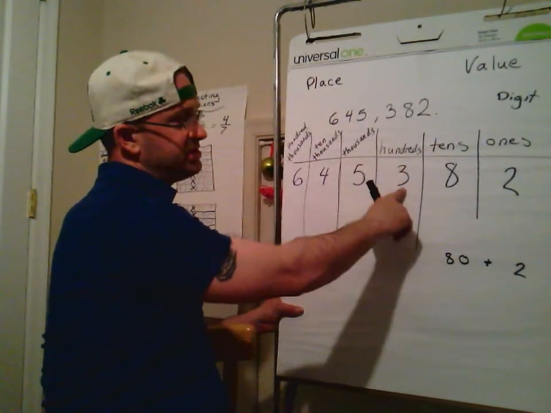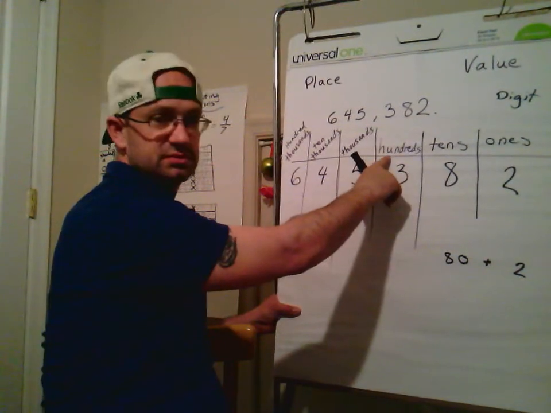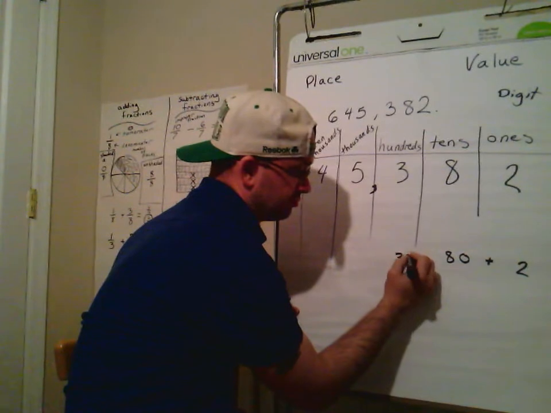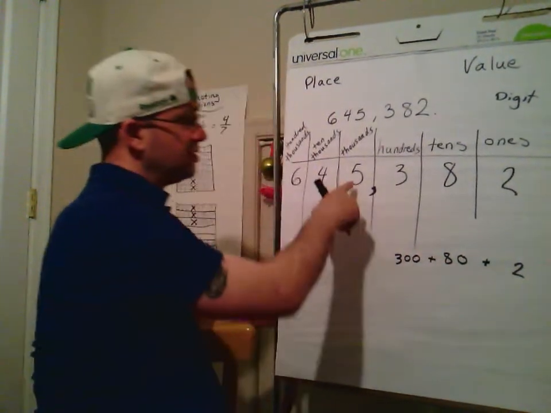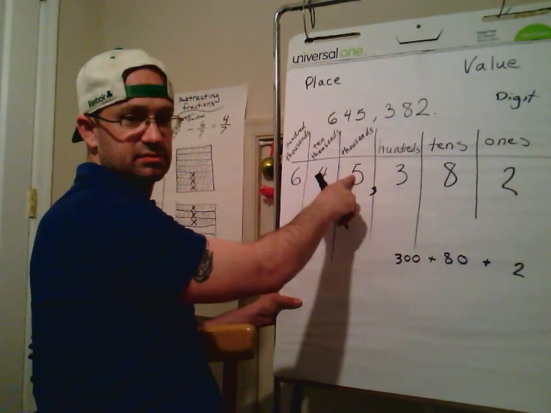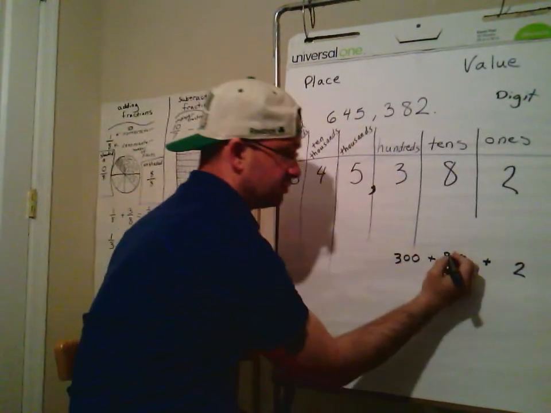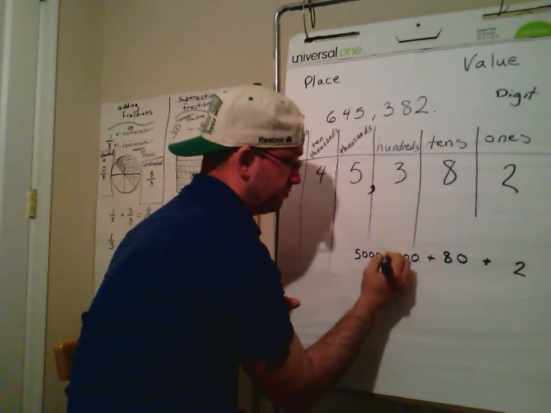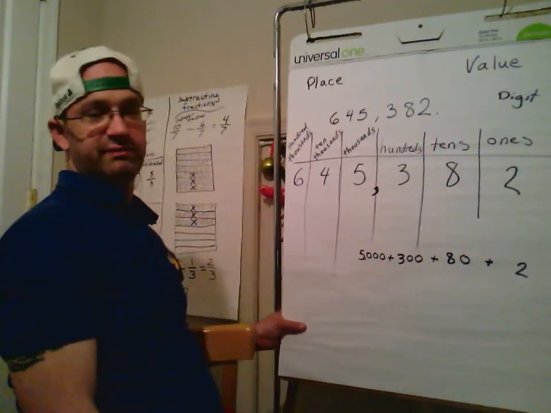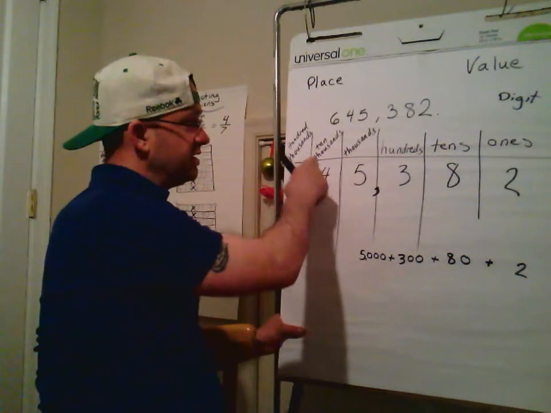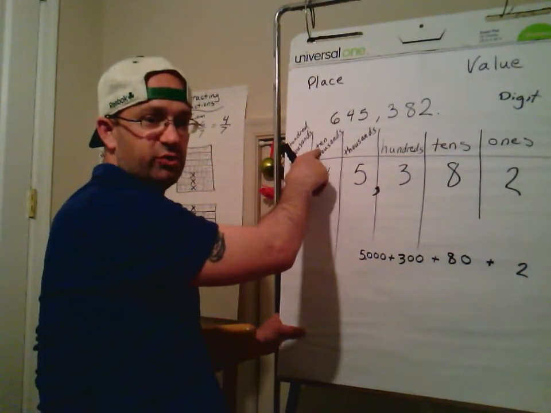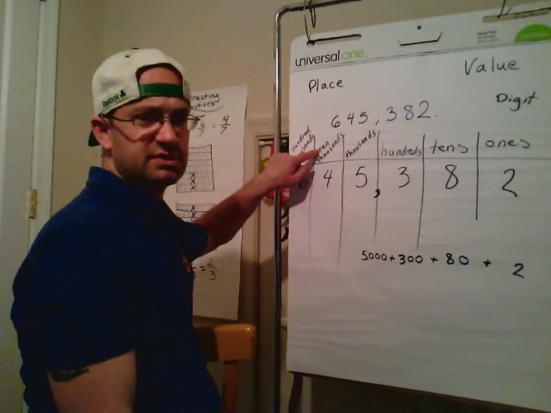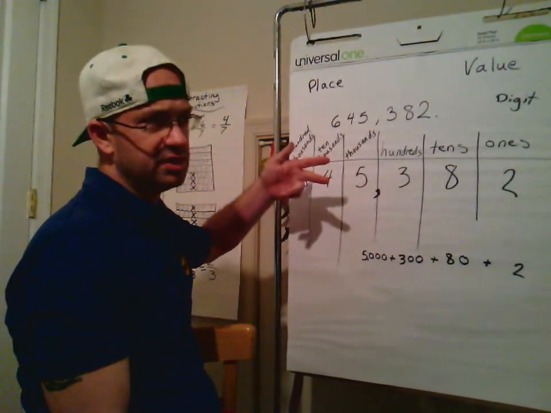What is the value of the 3 in its place? 5 what? 5,000. What is the 4 worth? 4 ten thousands. So 4 tens will be what? 10, 20, 30, 40.